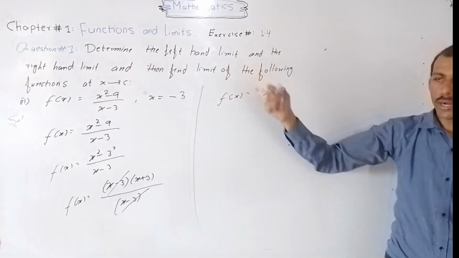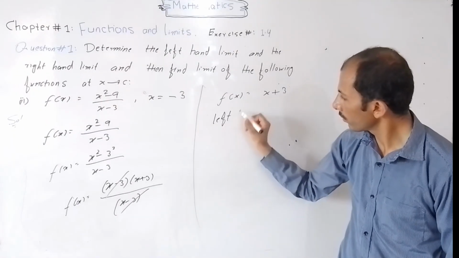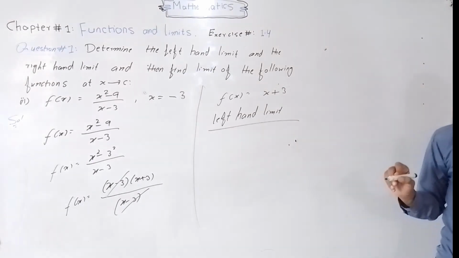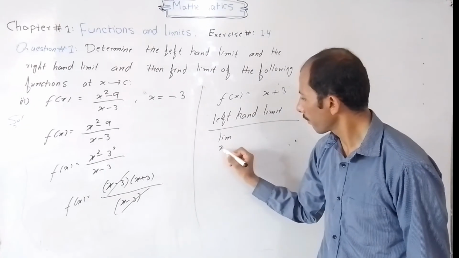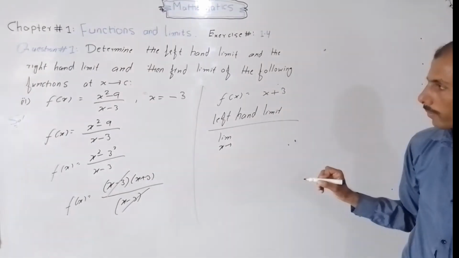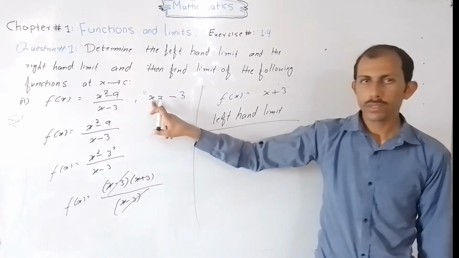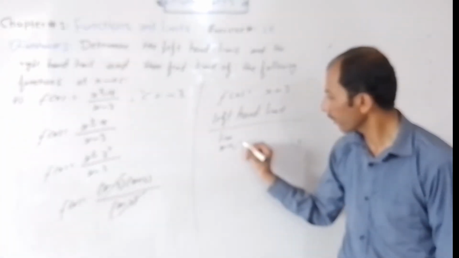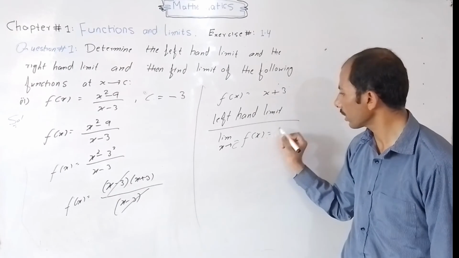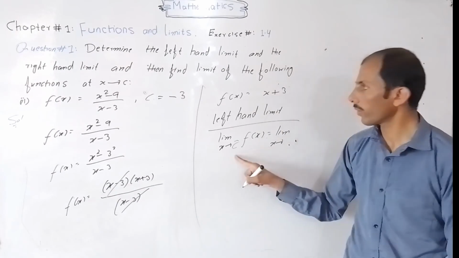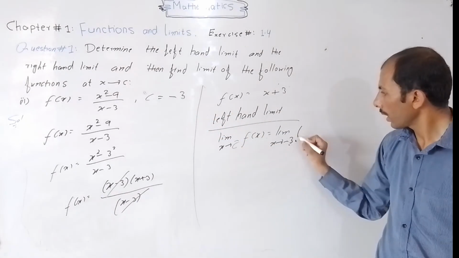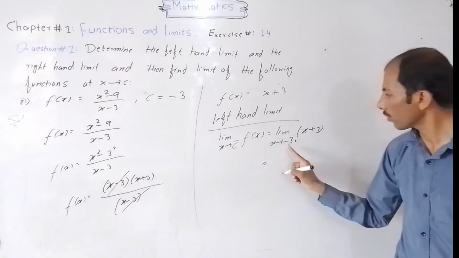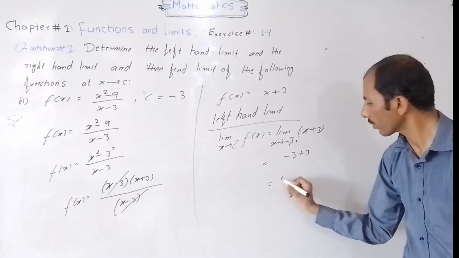First, determine the left hand limit. Limit as x approaches c minus of f(x) is equal to limit as x approaches c, value of c is equal to minus 3, of f(x) = x + 3, which is equal to minus 3 plus 3 is equal to 0.